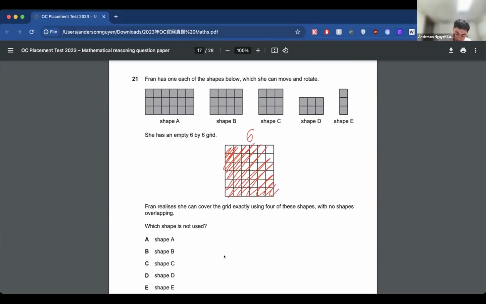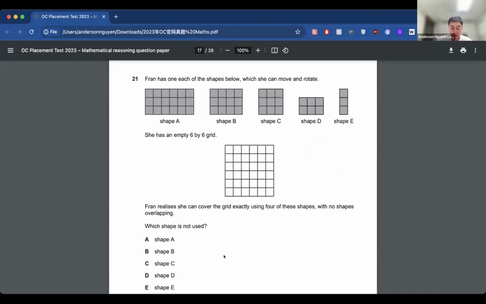Since it measures 6x6, to get the squares, you just multiply: 6 rows of 6 or 6 columns of 6 gets you 36 squares. Then you need to look for the shapes. When you count the squares and add the 4 values, it gets you 36. The one that isn't used is the odd one out, aka your answer.